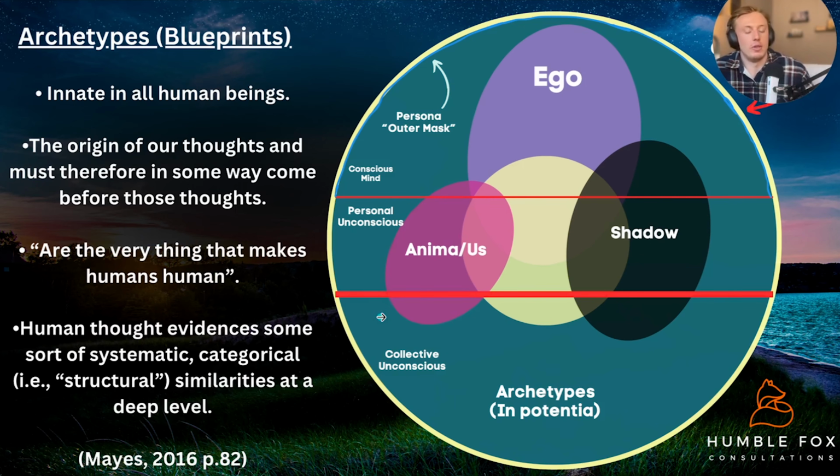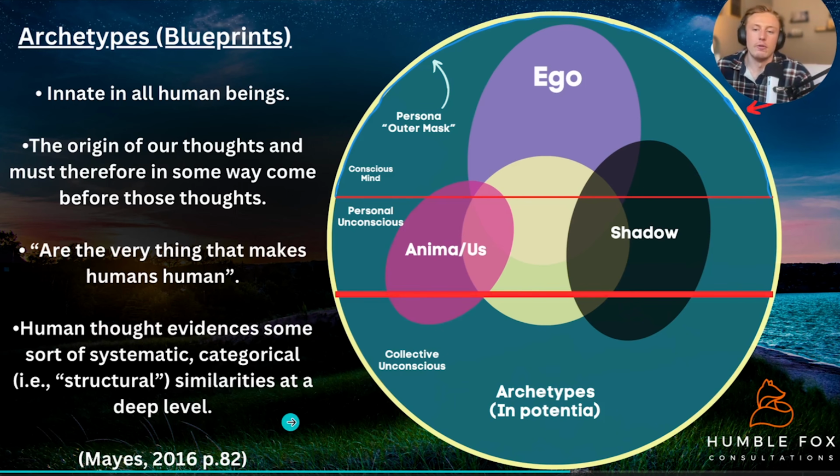So they are the myths, the stories, the poems, the meaning that comes with being a human being. And once again, they are collective, meaning that they are in every human. Human thought evidences some sort of systematic categorical structures, similarities at a deep level. That's what I mentioned earlier, that we all have the same way of thinking in some way.